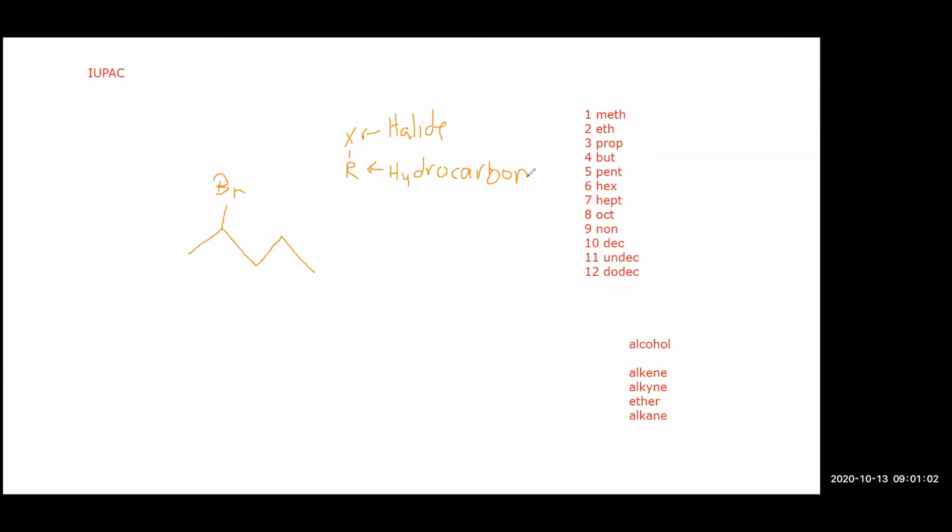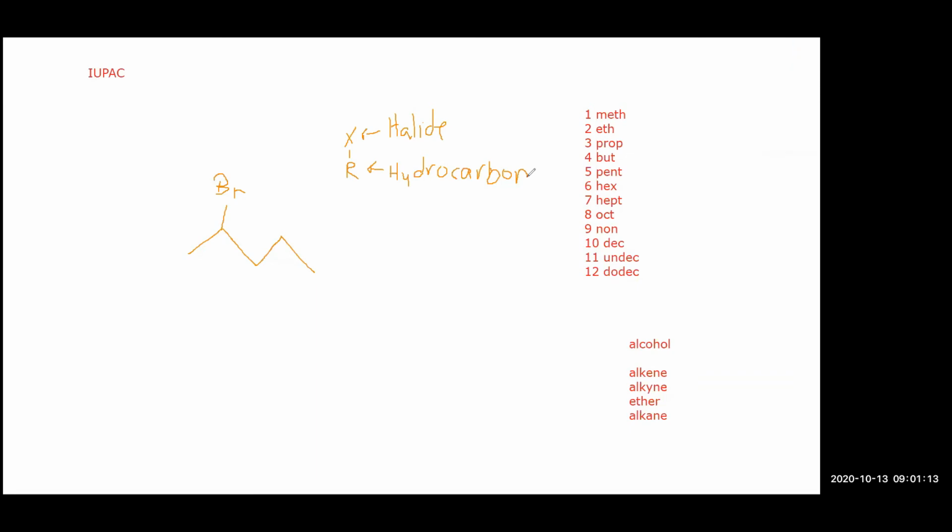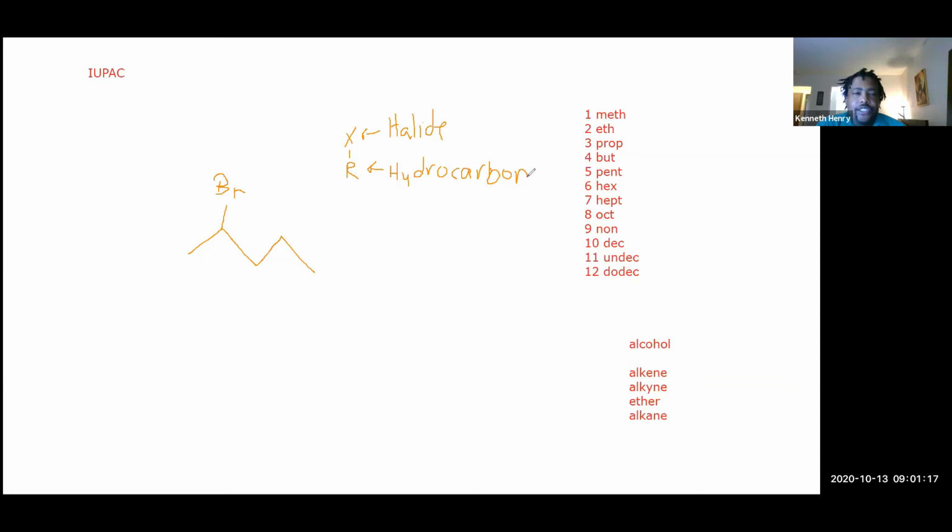Main group 7, which is group 17. So they're the halogens: fluorine, chlorine, bromine, iodine. Remember those guys? You should, because they're very important.